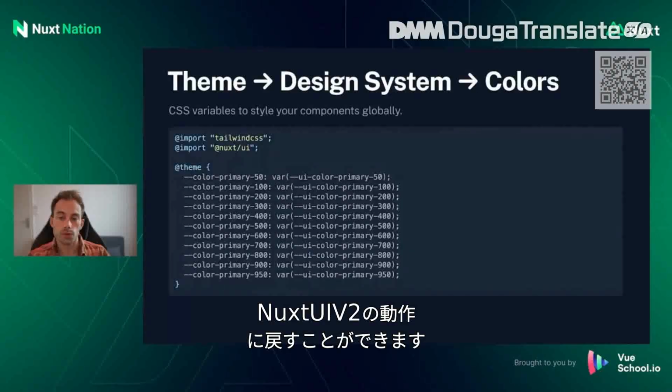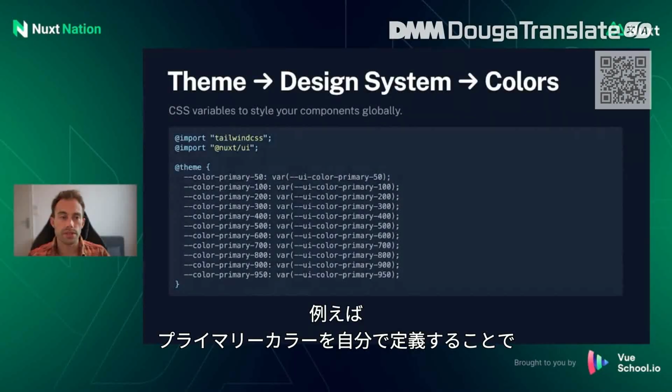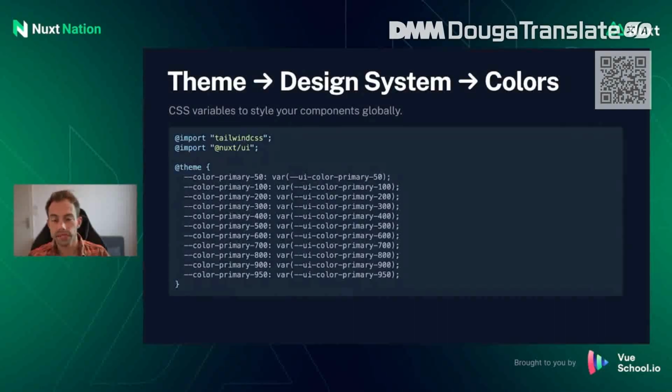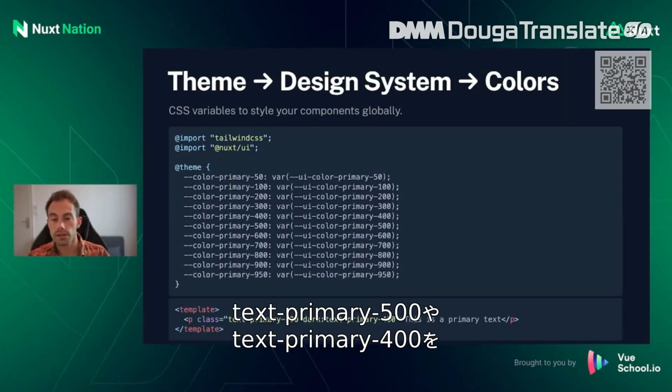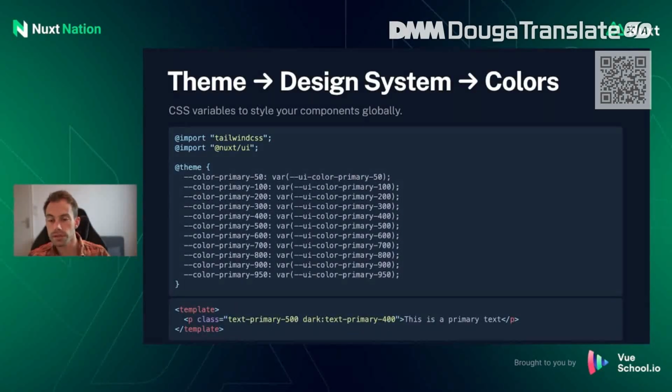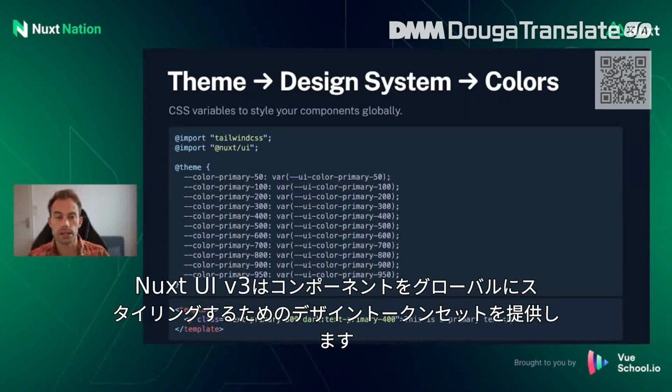However, you can put back the NuxtUI v2 behavior by defining the primary color yourself, for example. This will allow you to write the text primary 500 and text primary 400 like before.